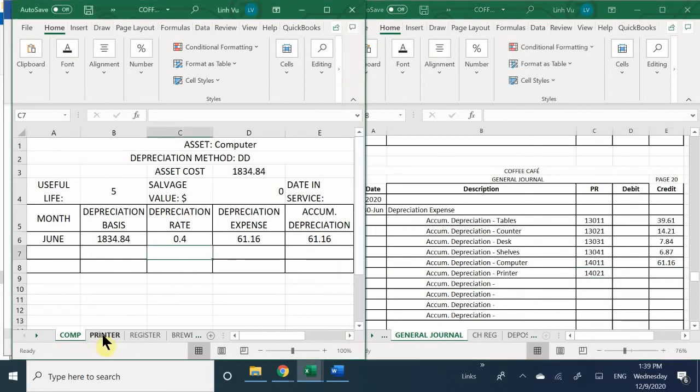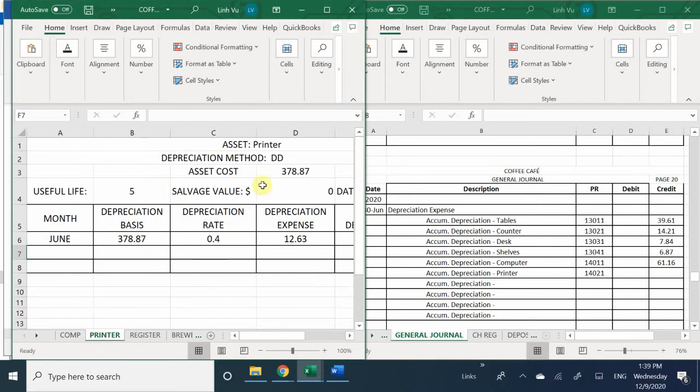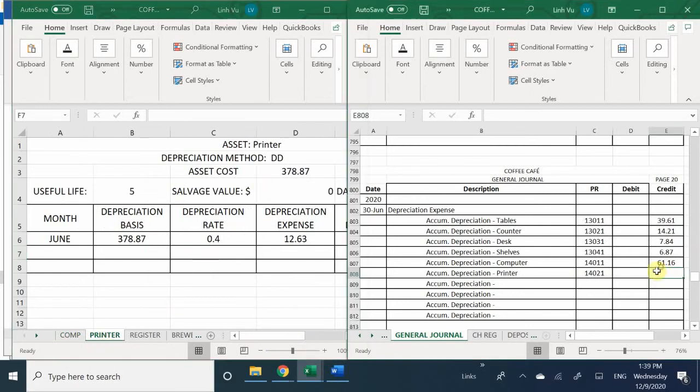Okay, so let's check out our printer. How much depreciation are we collecting on there? The depreciation is $12.63.